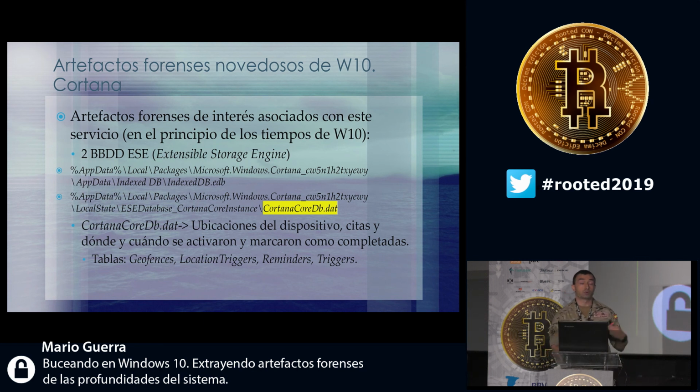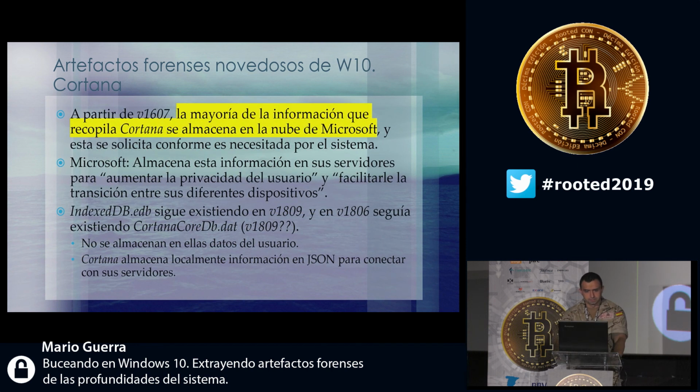If you're at home, that doesn't make much sense, but if you're talking about mobile computers, it helps to locate somebody, and then it saves the tasks that were defined, which also defines intentionality in terms of the user.